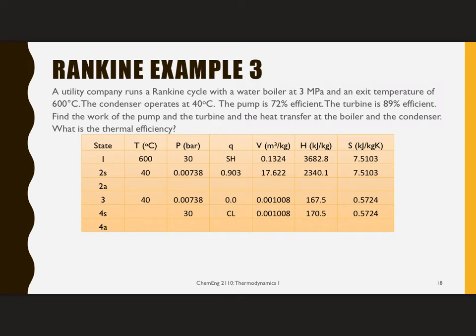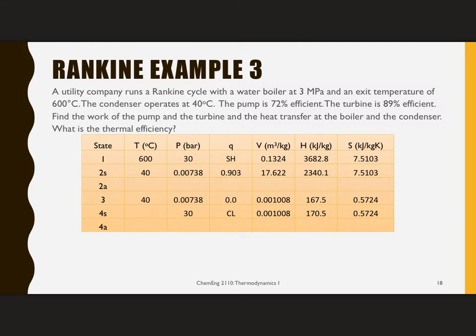Let's now repeat the problem that we looked at in the last video. So we've got the ideal state, all the state properties are here, but now we have a pump that's 72% efficient and a turbine that's 89% efficient. And we want to re-examine this problem under those conditions. Now, I've added 2 lines to our data table.